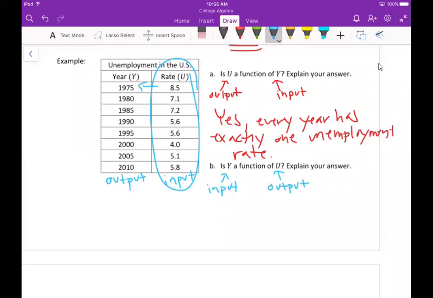But can you find any unemployment rates where if you were to pick that unemployment rate, you wouldn't necessarily know what year that occurred in? And we do have a problem here with the unemployment rate of 5.6. That could have occurred in 1990 or in 1995. So that means that there's no way that y is a function of u.